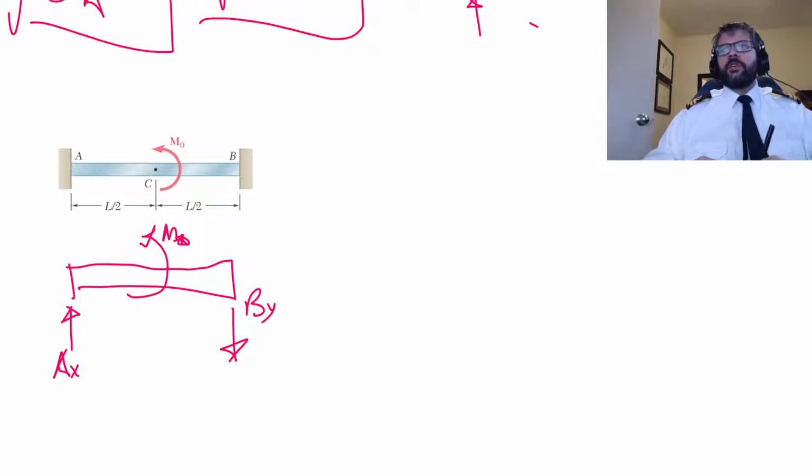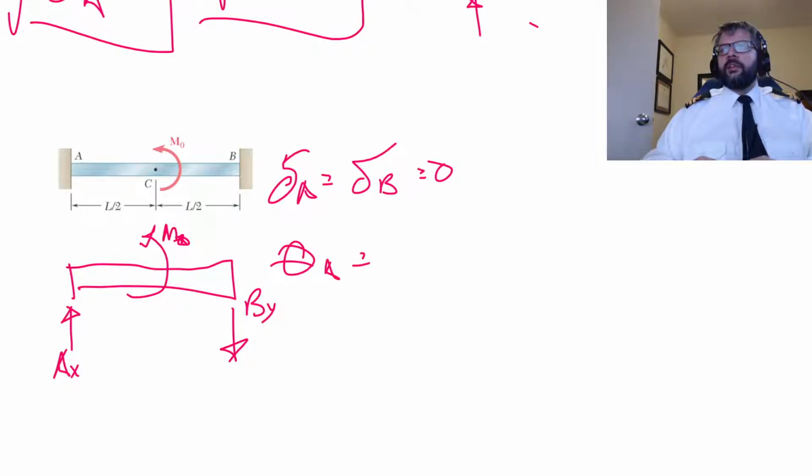Our compatibility conditions are that our displacement at A is equal to the displacement at B, which is equal to 0. And then the slope at A is equal to the slope at B, which is equal to 0.